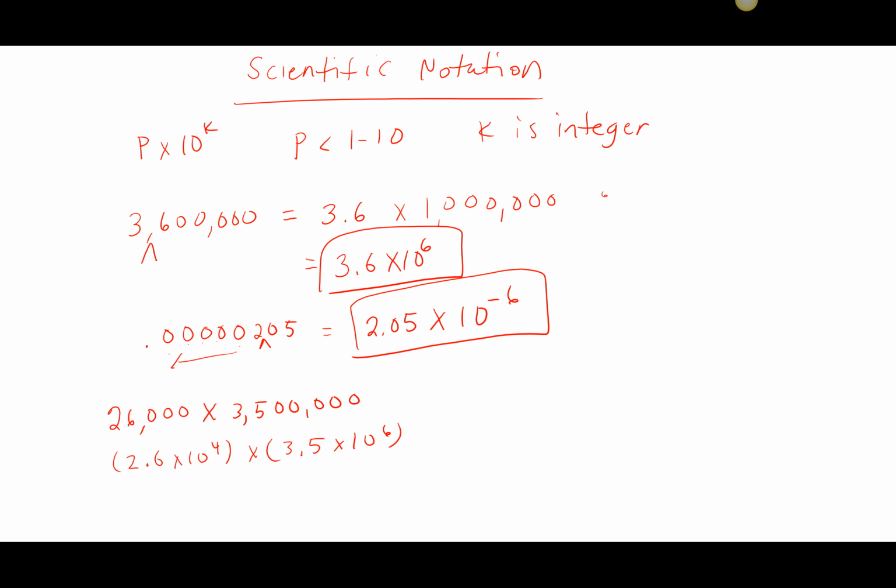A lot of times it'll cut off these zeros and won't let you put all this in, okay? So that's going to be 2.6 times 3.5, which is 9.1, times 10 to the 4 plus 6 because you're multiplying. So that's going to equal 9.1 times 10 to the 10th. And so instead of trying to keep up with all the zeros and figuring that out, it's better to do it this way so that you don't make an error.